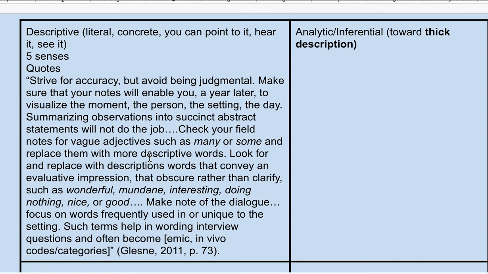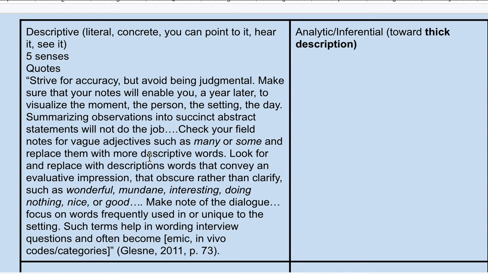Check your field notes for vague adjectives like many or some, and replace them with more descriptive words like a cup, nine, etc. Look for and replace those with descriptions, rather than words that convey an evaluative impression.